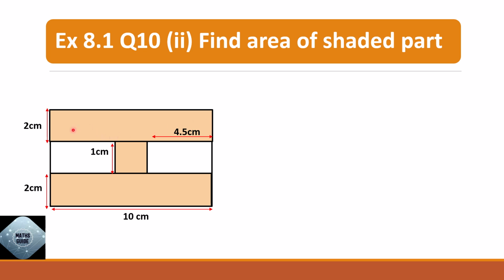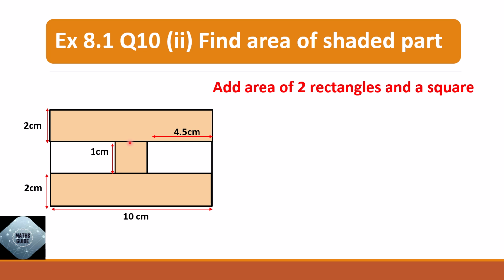So we can add the area of this rectangle and this square. So if we add the area of all three shapes, we can get the area of the shaded portion. So what we have to do, we have to add the area of these two rectangles and this one square. So let's find out the area of this rectangle.